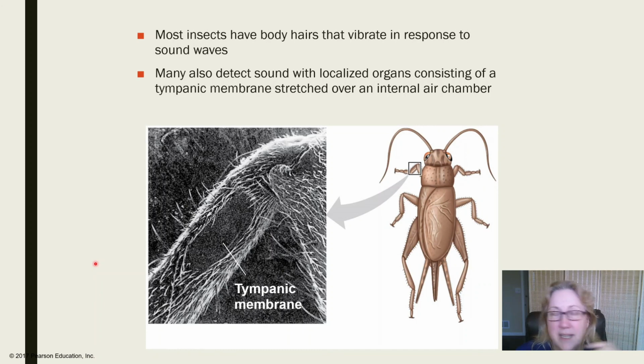Which greatly enhances their ability to hear sound. Male crickets chirp, and they chirp for two reasons. They chirp to attract females, and they also chirp to ward off other males out of their territory.